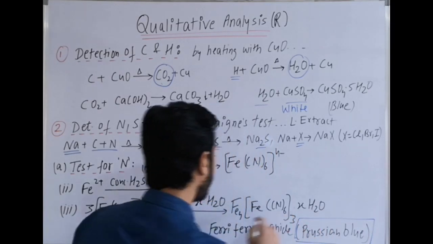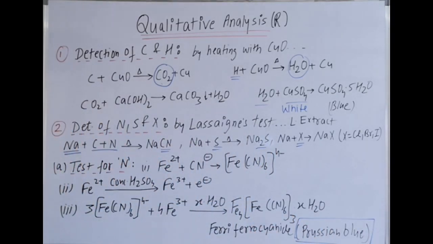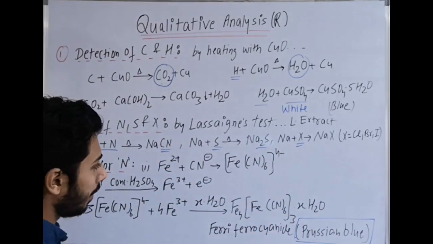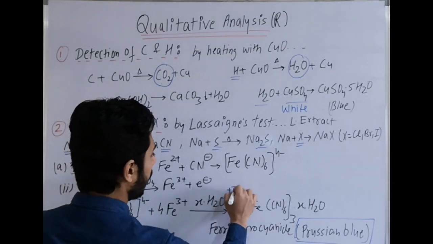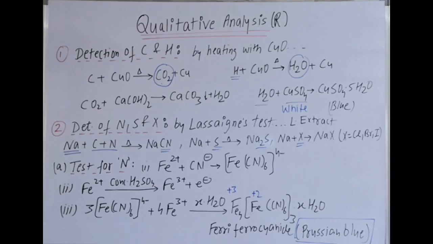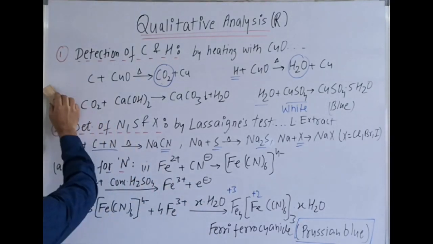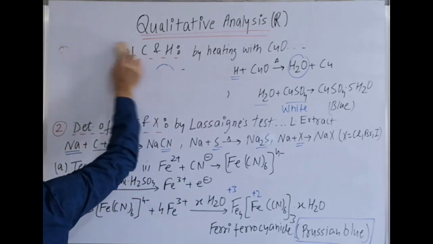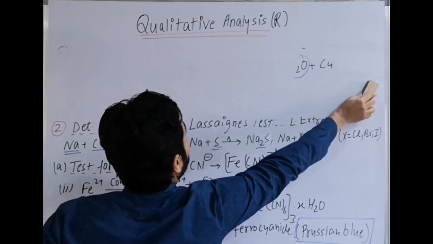Its formula is important: Fe4[Fe(CN)6]3. In that one Fe is +3 and here Fe is +2. So this is the test for nitrogen, which gives a Prussian blue color.